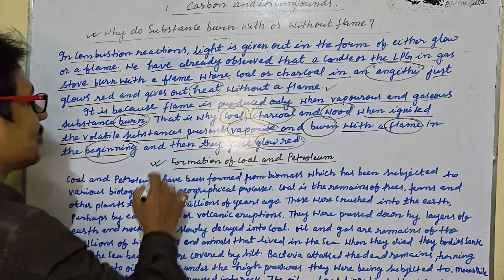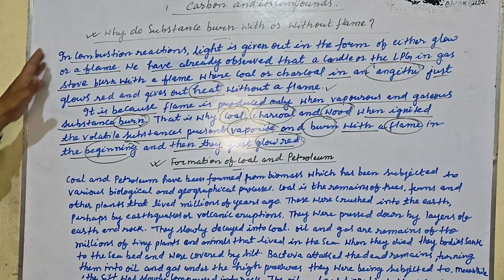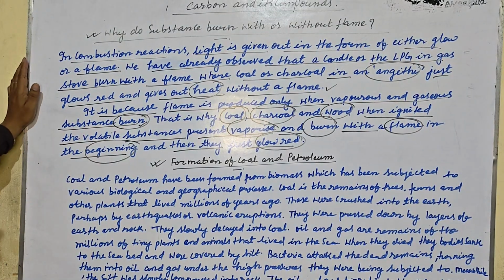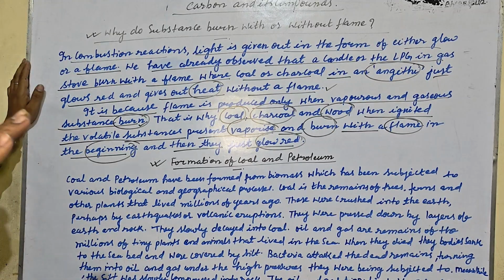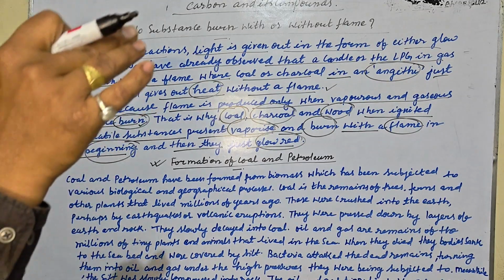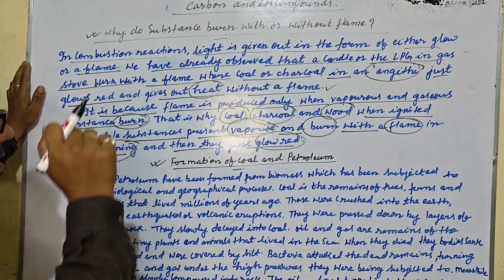The next topic is the formation of coal and petroleum. So my dear students, in a combustion reaction, light is given out after burning, as a glow or a flame. A candle or the LPG in a gas stove burns with a flame, whereas coal or charcoal in an angithi just glows red and gives out heat without a flame.